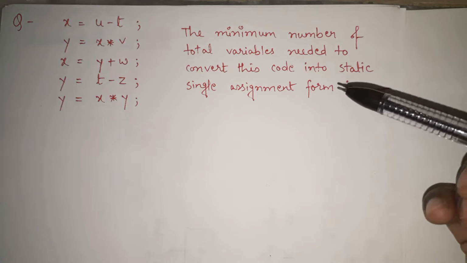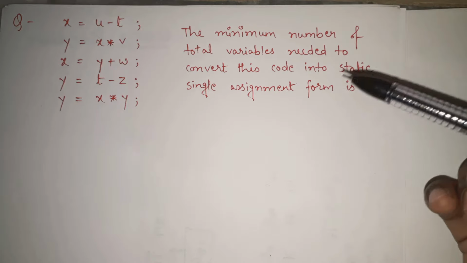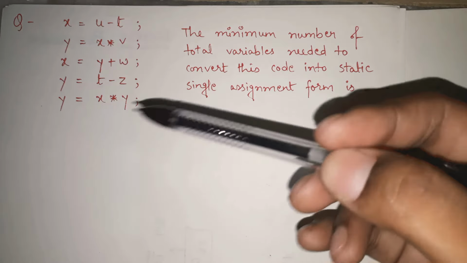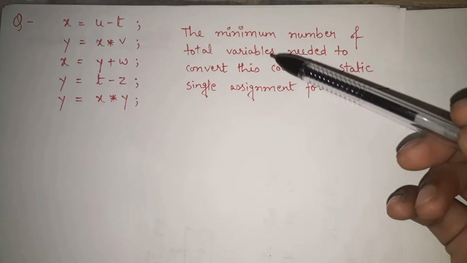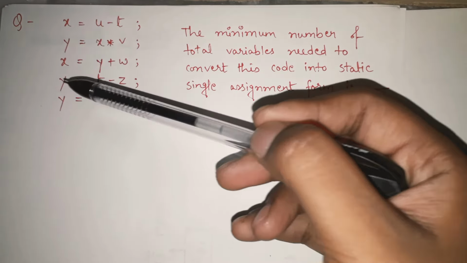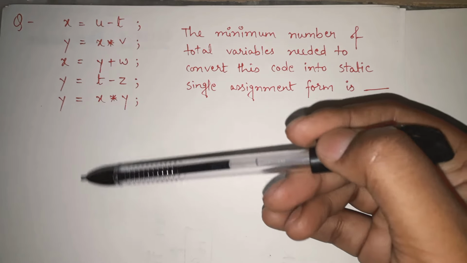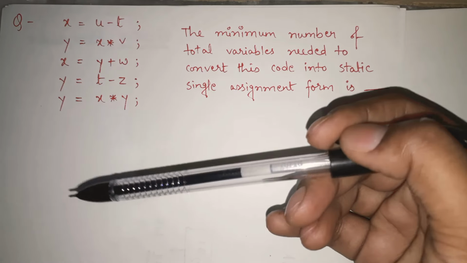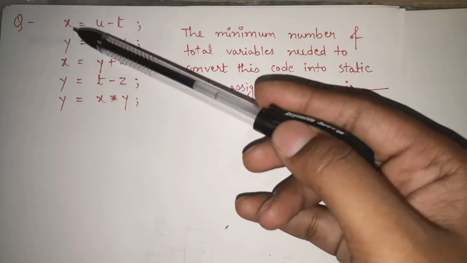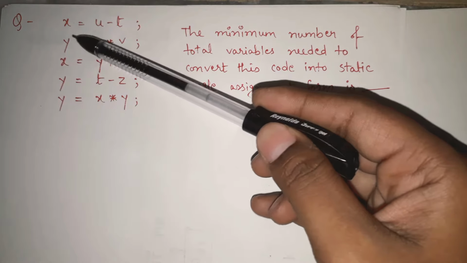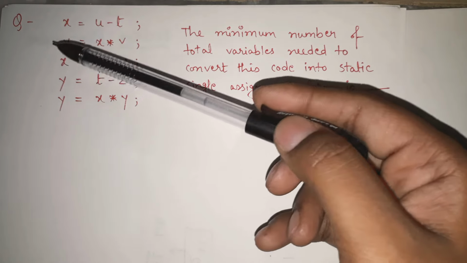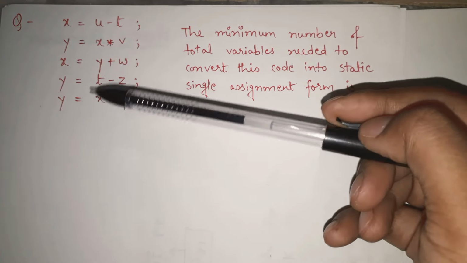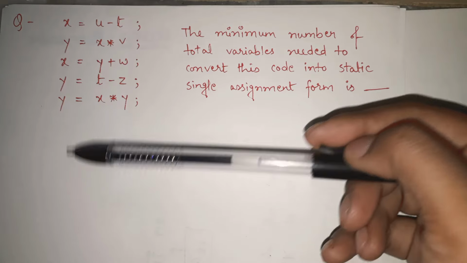Now what happens in this form is, the only compulsion is that whenever we convert into this form, all the LHS, meaning whatever we are assigning, should be unique, right? Like here, as you can see, we have 3 assignments for Y and 2 assignments for X, but this shouldn't be there. All the assignments should be unique.